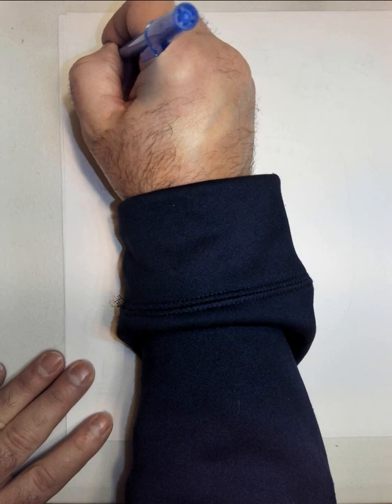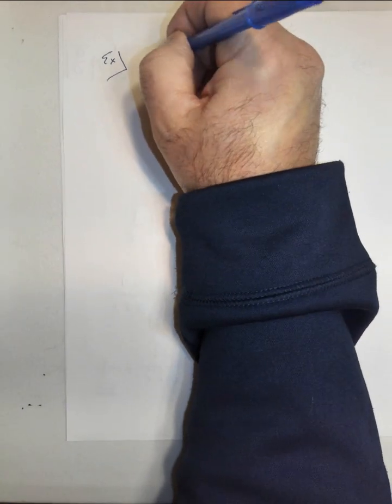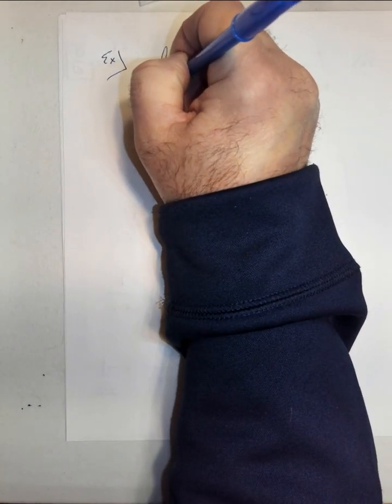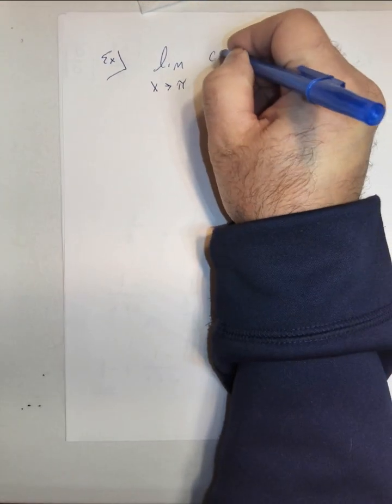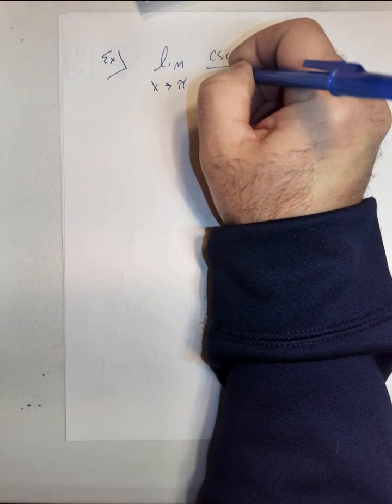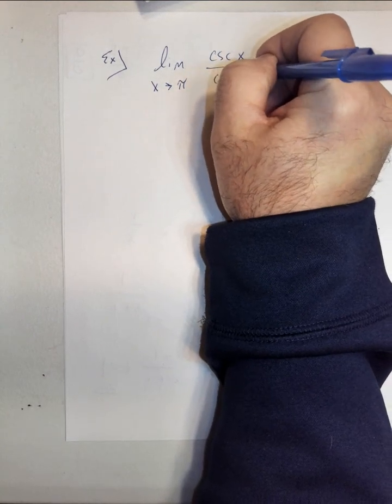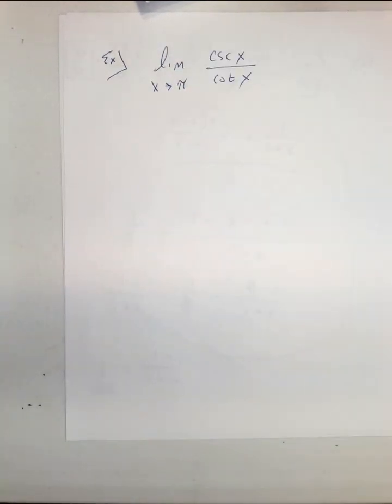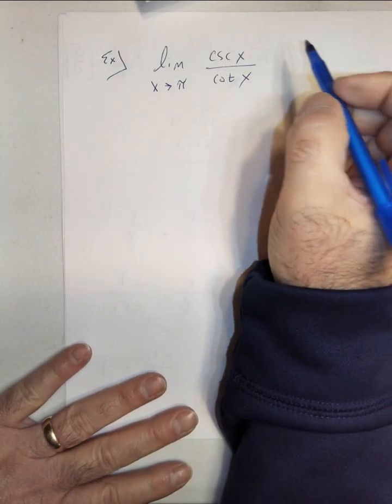So here's another example. Let's say we have the limit as x approaches pi of cosecant x over cotangent x. And just because we're dealing with trig functions, nothing's different.